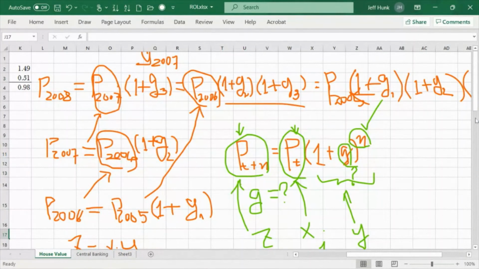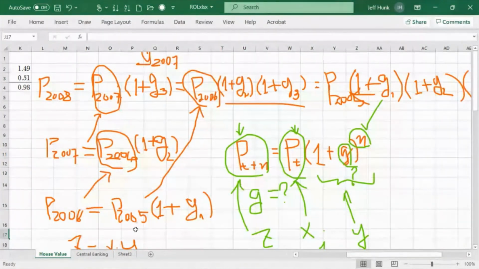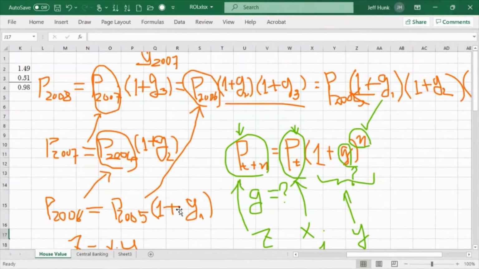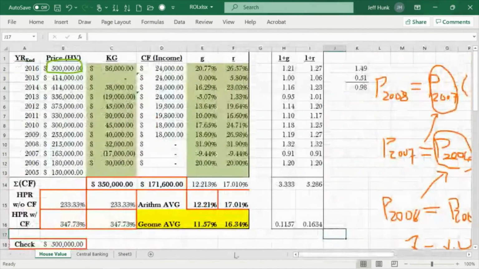The price of 2006 can be expressed as the price of 2005 times (1 plus the growth rate in 2006). The growth rate in 2006 is, for convenience, written as G1, the growth rate in year one. Now think about it. How did I get to this growth rate?